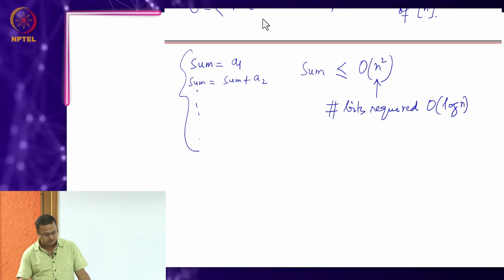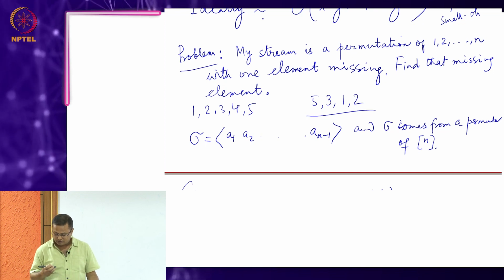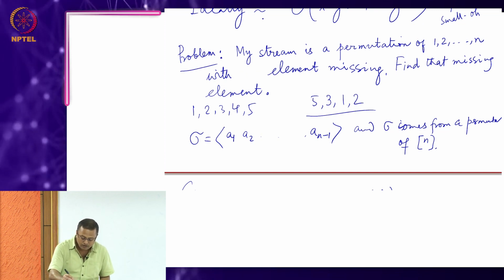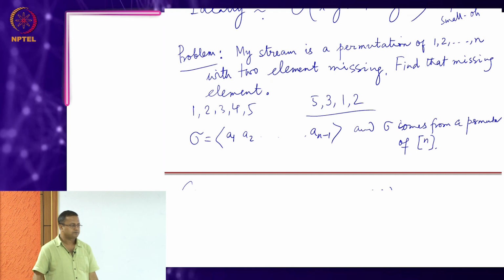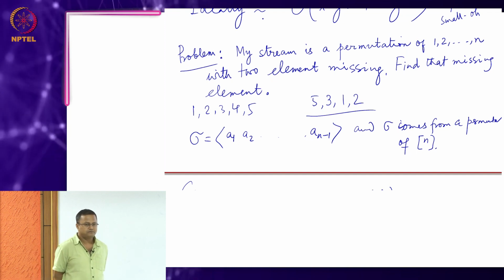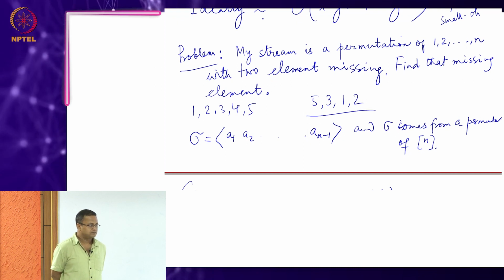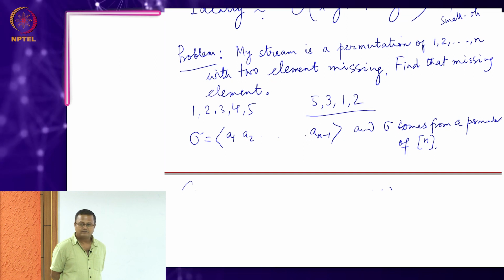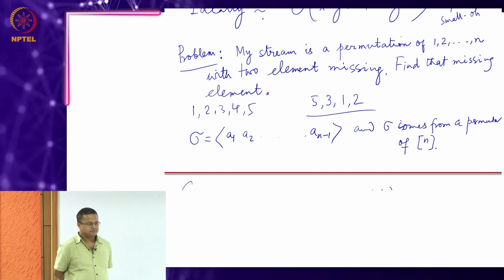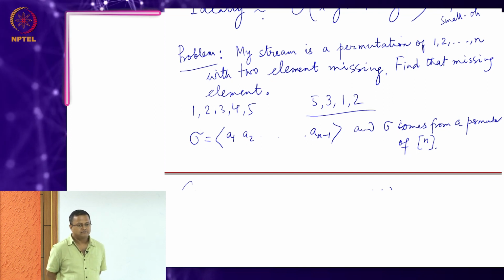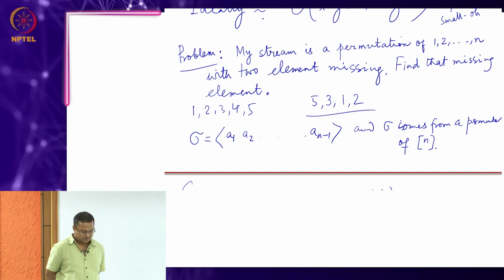Okay. Now, I change the problem a little bit. How would I change? Instead of 1 missing element, make it 2. What do you do? Does your idea still work?